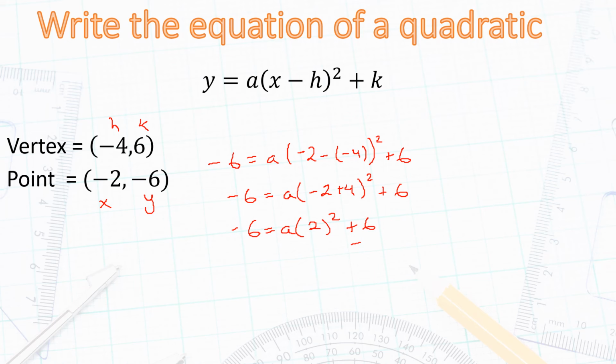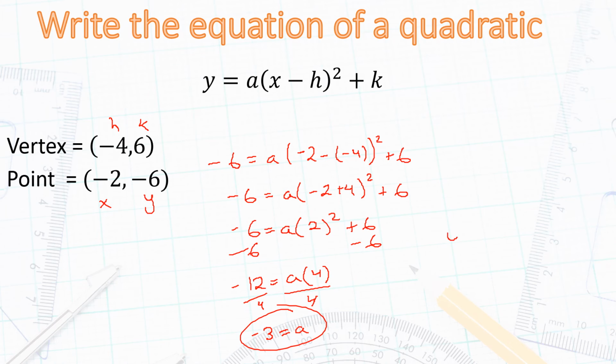So now I can subtract 6 from both sides, and I get -12 equals a times 2 squared is 4. And then I divide by 4 on both sides, and I get -3 is equal to a. So then my equation is y equals -3. Go back to x. h was -4, so it's x minus negative 4, so that's going to be plus 4 when I simplify it, and then plus 6.